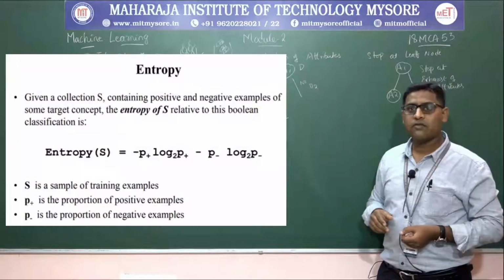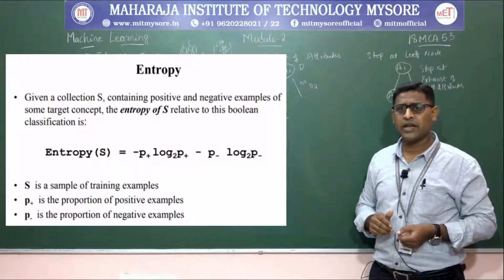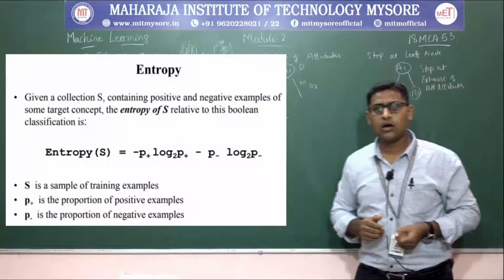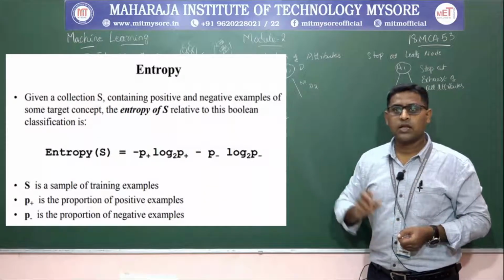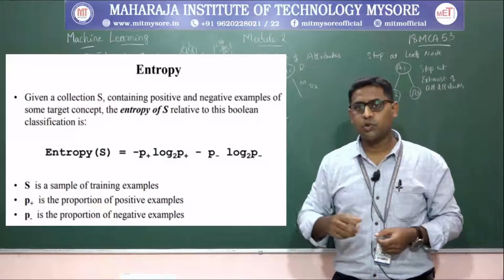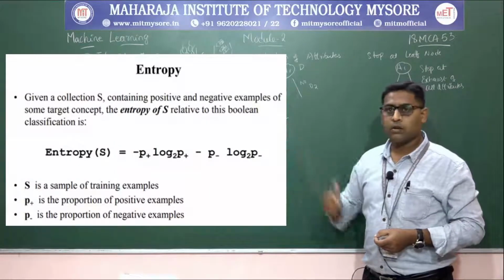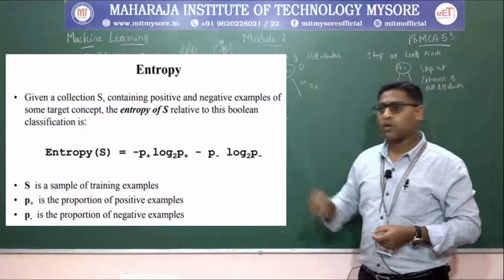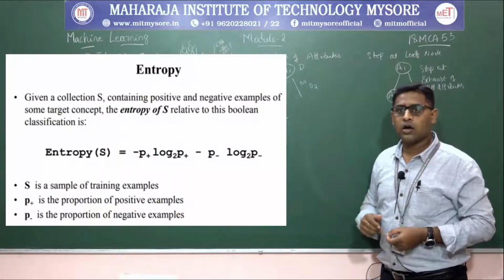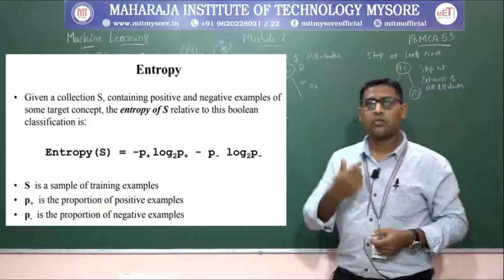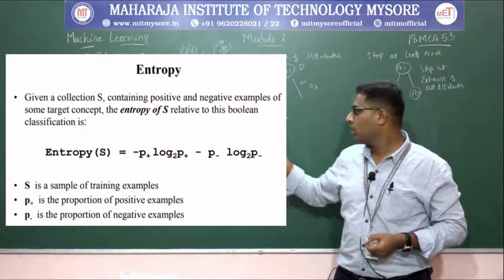For a given set of training examples, which contains positive and negative examples of some target concept, the entropy of S relative to this Boolean classification is: entropy S is minus the proportion of positive examples, p plus, times log base 2 of p plus, minus the proportion of negative examples, p minus, times log base 2 of p minus.